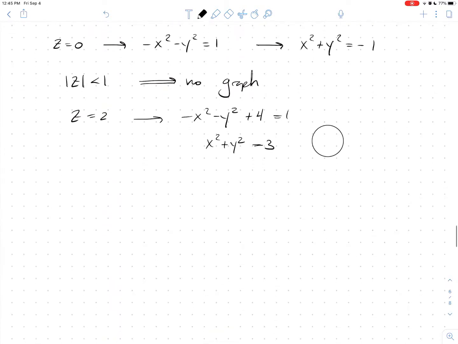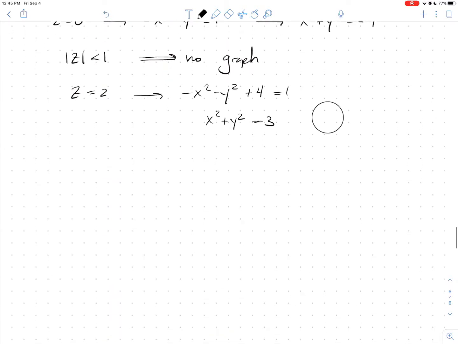And so that's enough to already get a pretty nice sense of what the graph looks like. Let's start with that, and then we'll go ahead and cut it the other way to try to see those traces as well. All right, so here's my z-axis. Okay, so let's do it in red here. There's a space here where nothing happens.